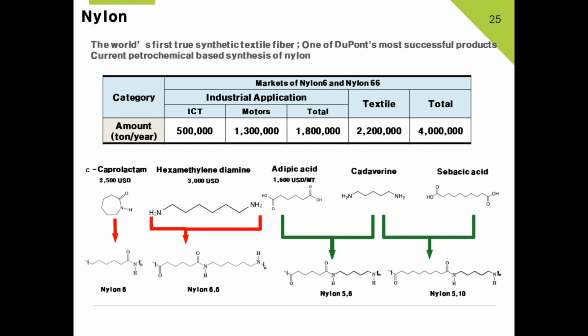So when we choose a product to produce in biorefinery, we usually choose a very useful product. So for example, nylon. Now nylon is made up of several monomers such as caprolactam, hexamethylene diamine, adipic acid, cadaverine, and sebacic acid. Now these specific monomers would produce a specific nylon.